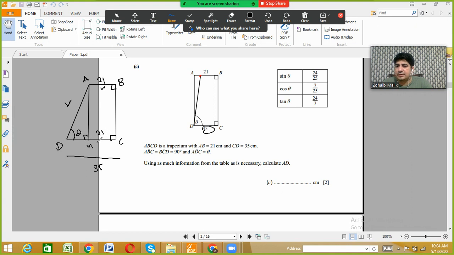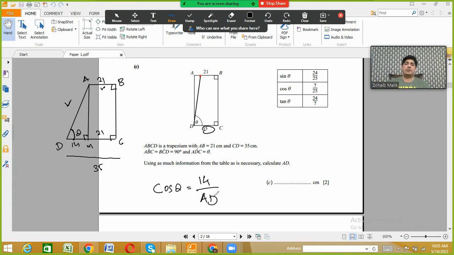So what length is left? That is 14 centimeter. By using the trigonometrical ratio with angle theta, cos theta means adjacent over hypotenuse, so cos theta is equal to 14 over AD.